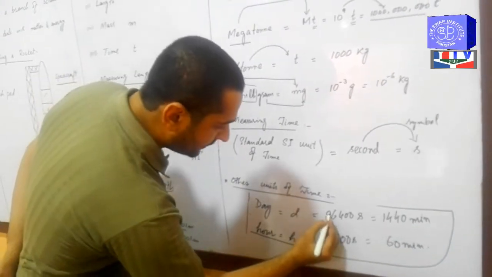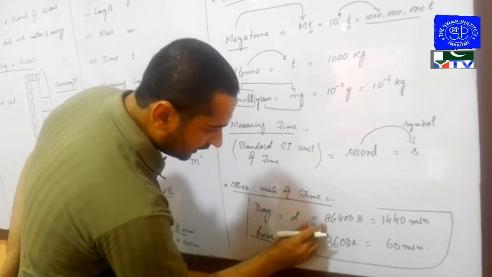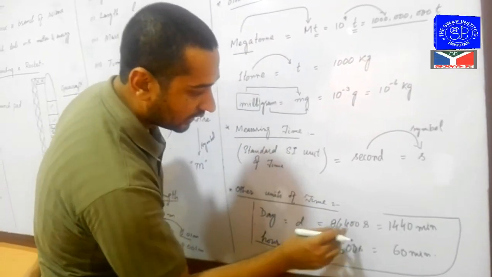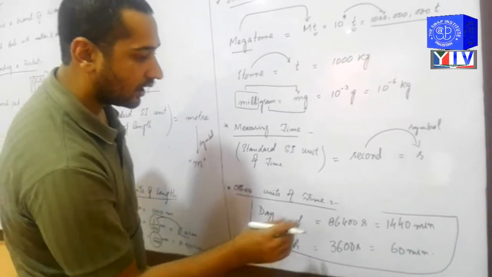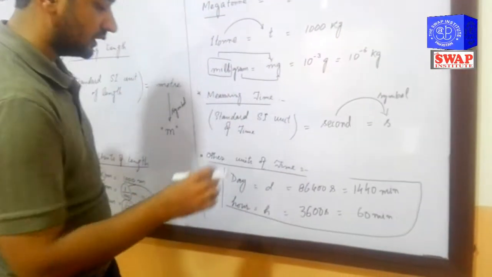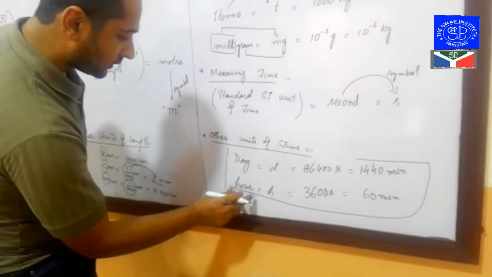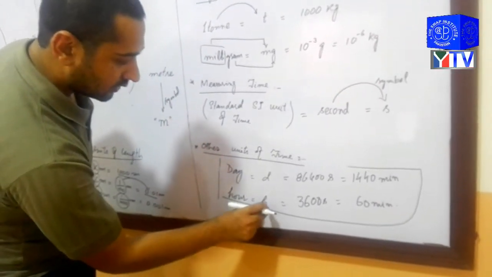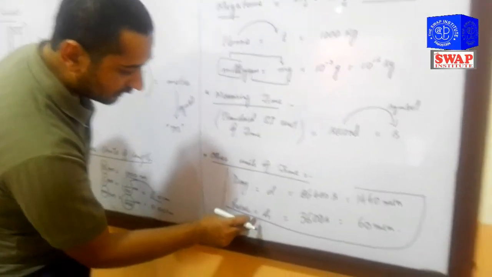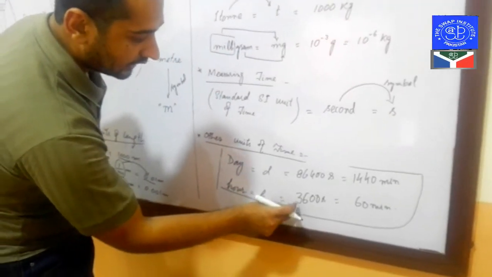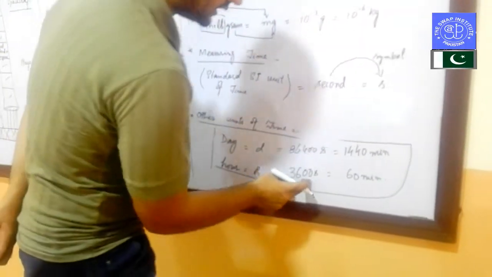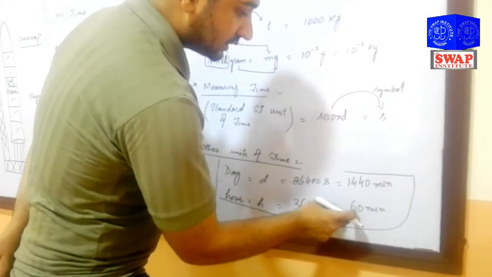The answer is 86,400 seconds in 1 day, or 1440 minutes in one day. And in the case of 1 hour, the symbol for hour is small h, and 1 hour contains 3600 seconds and 60 minutes.